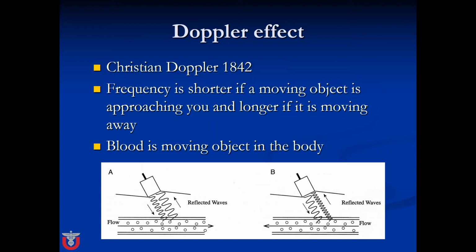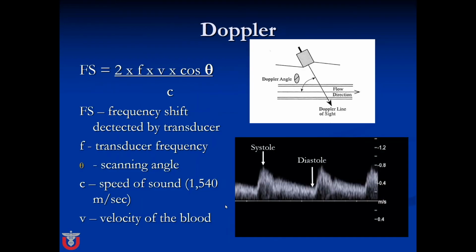Well, the moving object that we have within our bodies is actually blood flow. And so we can look at the wavelength that the blood flow is giving to the transducer. And don't worry, I'm not going to ask you the Doppler equation, but I bet you all learned it in physics class at one time or another.